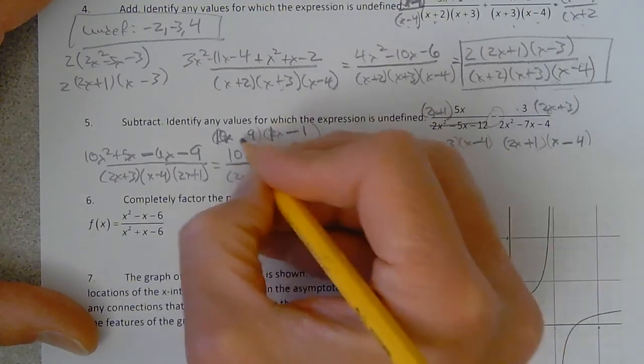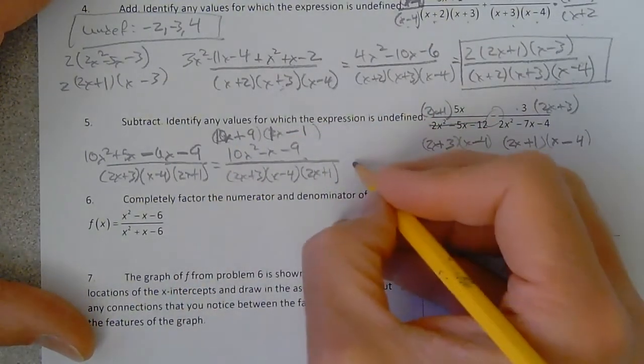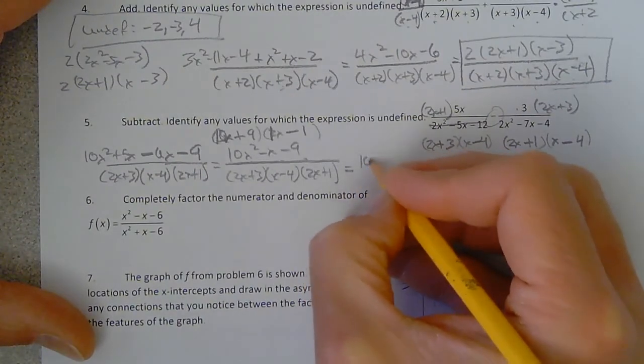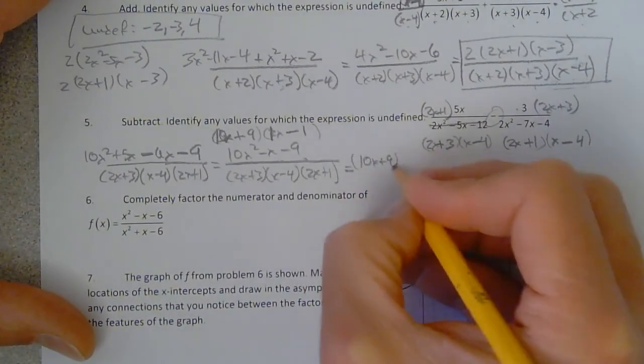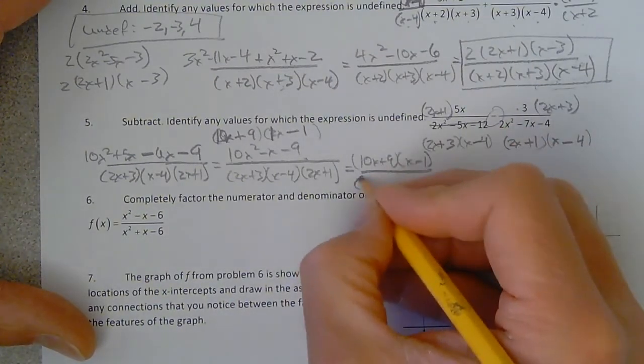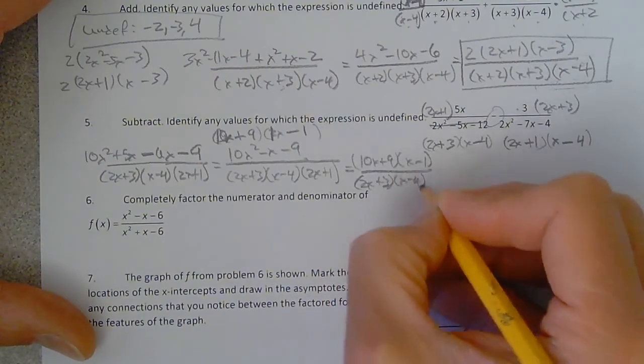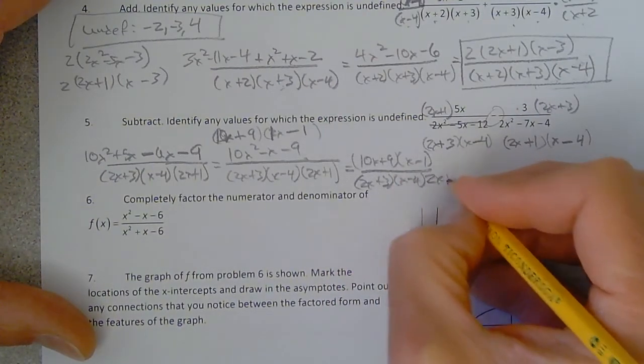So minus there, plus there. So it does factor into a 10x plus 9 times x minus 1 over 2x plus 3 times x minus 4 times 2x plus 1.